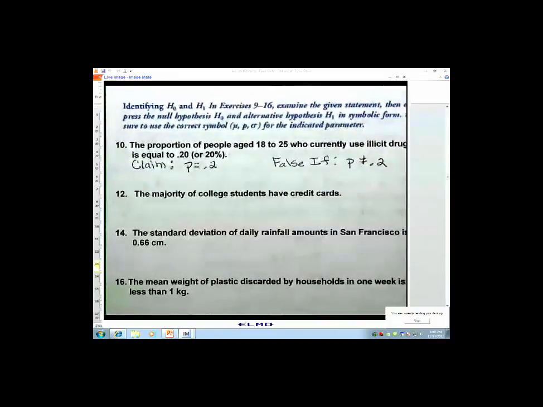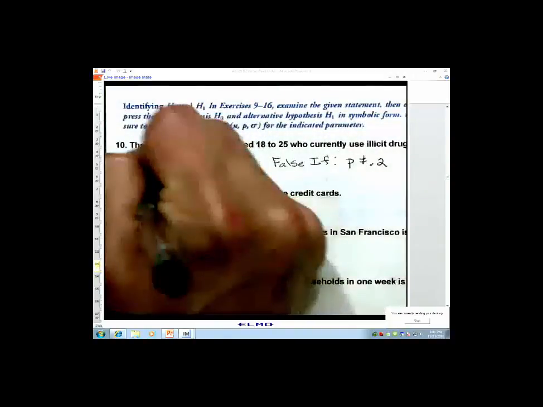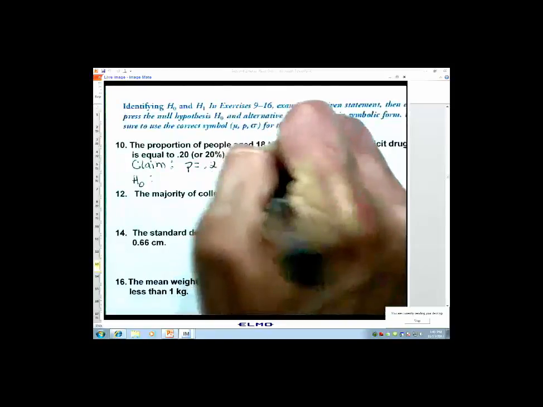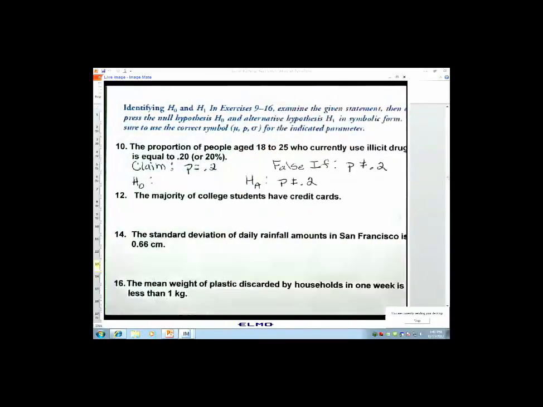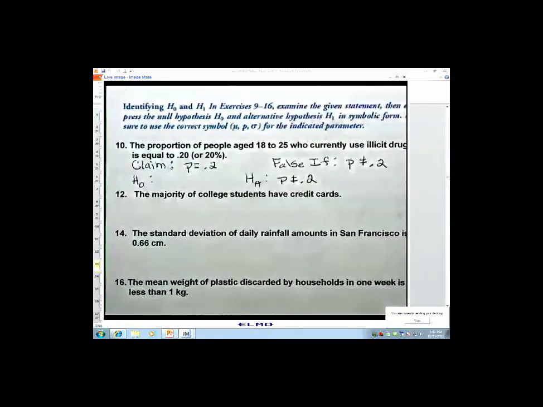You have to write those two down so that you can look at them and say which one does not have an equals in it. False if p is not equal to 0.2. So that is your alternative hypothesis. And what is your null hypothesis? P equals 0.2. The null hypothesis always has plain old equals in it.